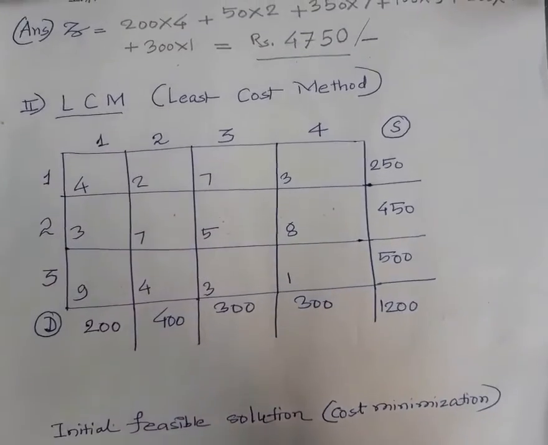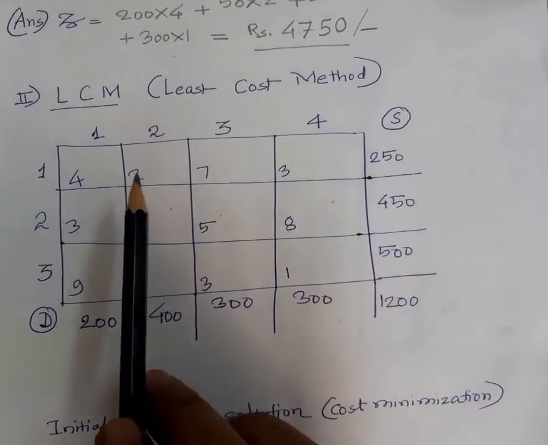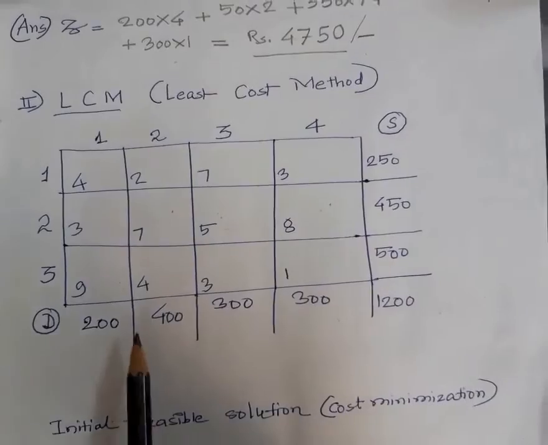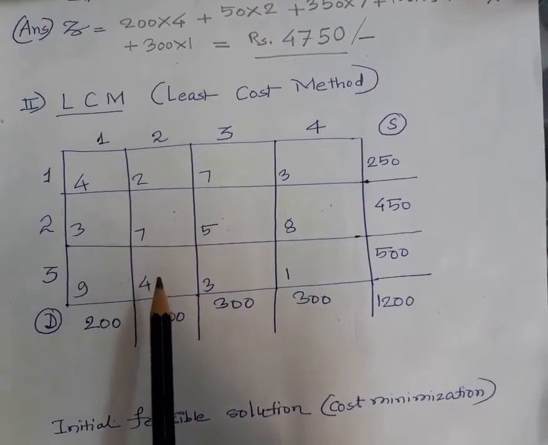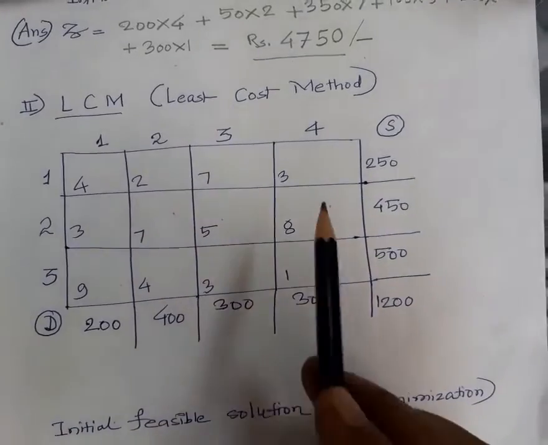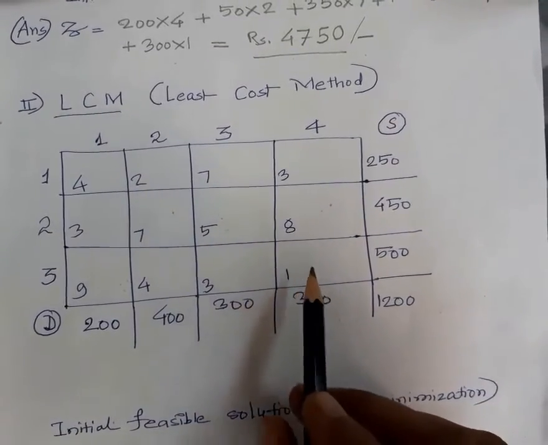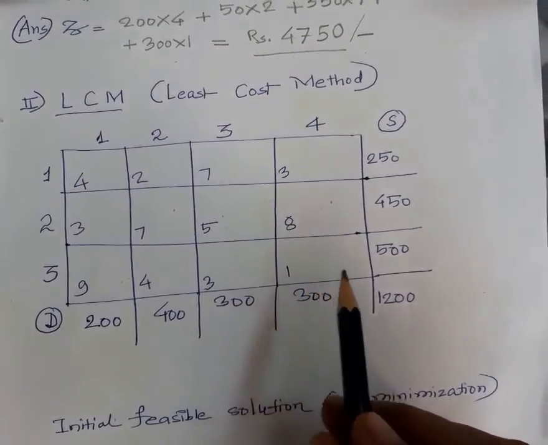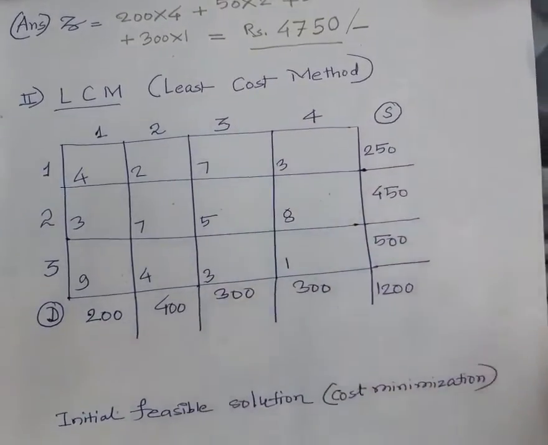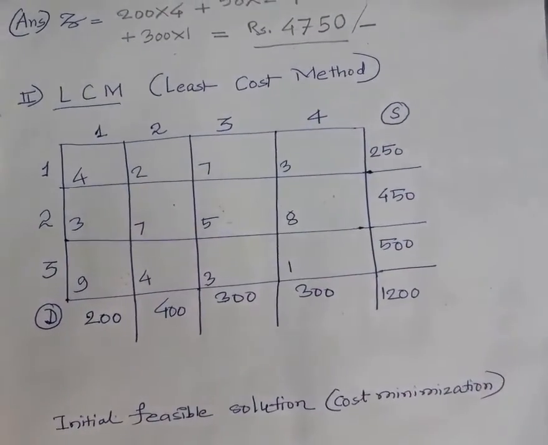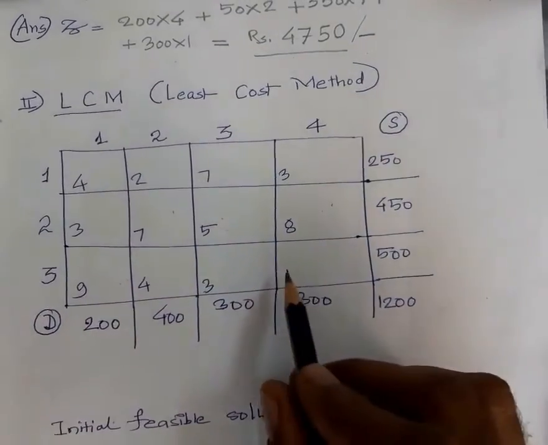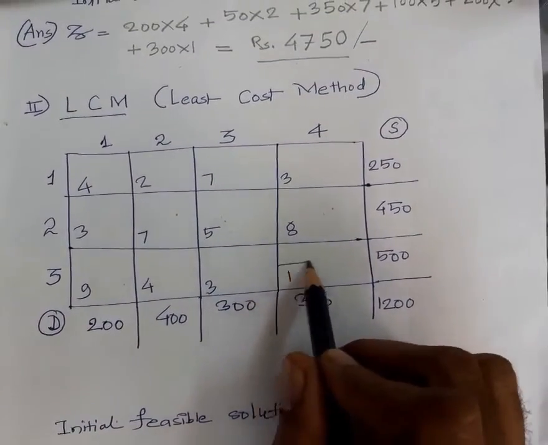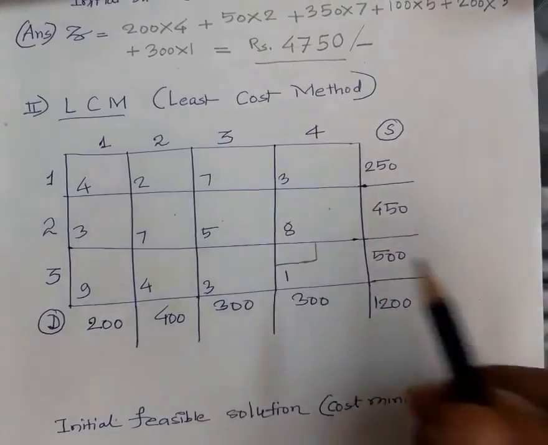Now while using the least cost method, that is LCM method, in the transportation cost matrix, identify the least cost and do the allocations of demand and supply as per the case. Now in this matrix, the least cost is 1, so that we can start allocation from this cell.